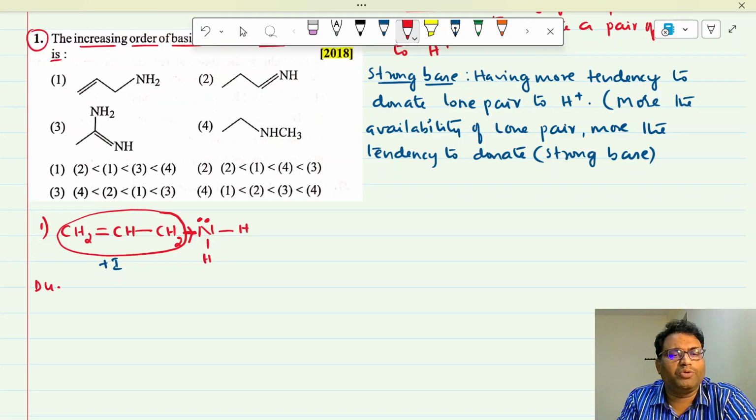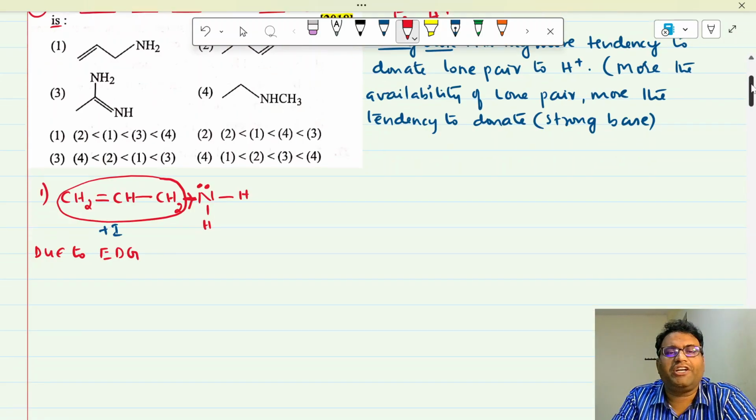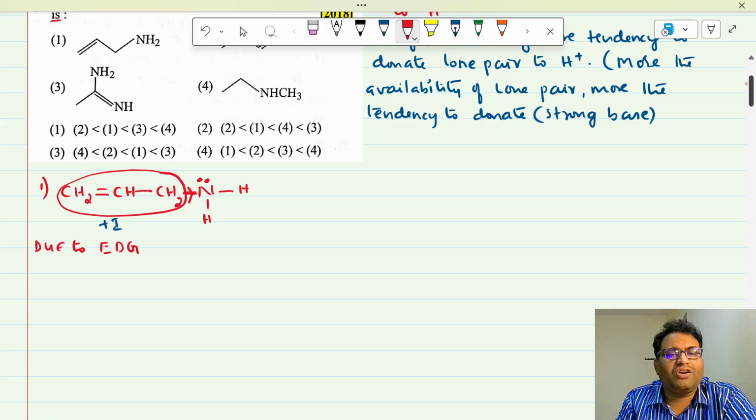So due to an electron donating group, EDG means what? Electron donating group. What are electron donating groups? Generally electron donating groups are plus I groups, plus M groups, and hyperconjugation.